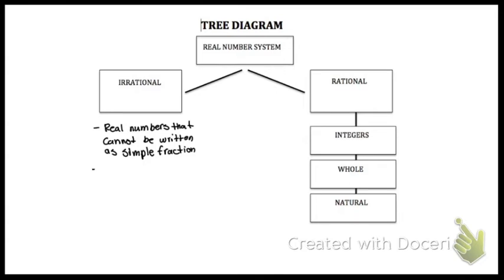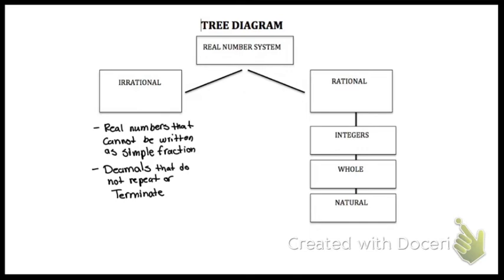Now, another characteristic of an irrational number is decimals that do not repeat or terminate. Okay, so we're looking at decimals that do not repeat, meaning they're going to have a different number every time as it goes through making a decimal.